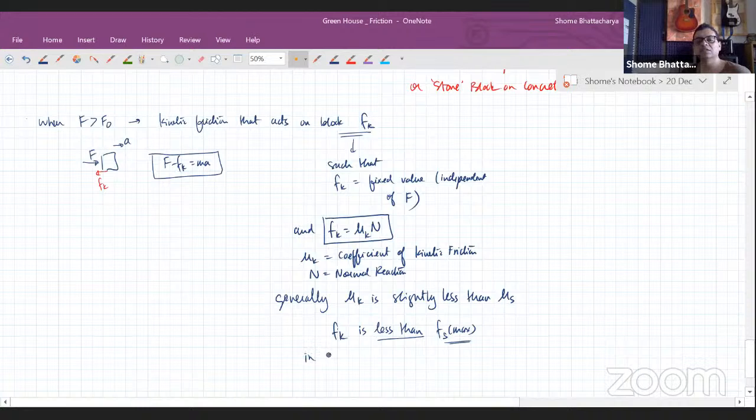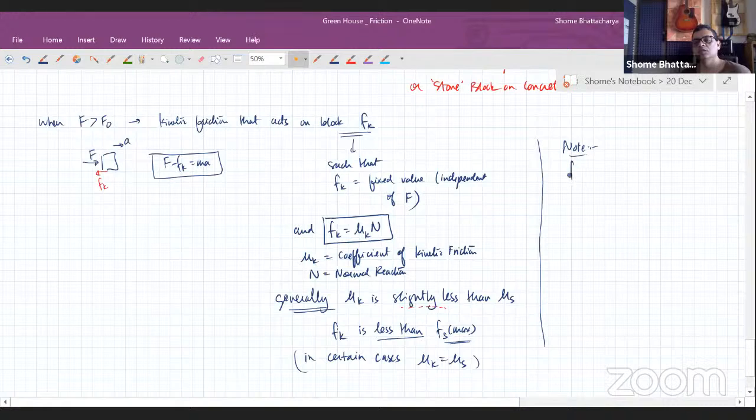In certain cases, the coefficient of kinetic friction can be equal to the coefficient of static friction also. But generally speaking, it is slightly less than the coefficient of static friction. Okay, so the difference is that static friction adjusts according to the external force.